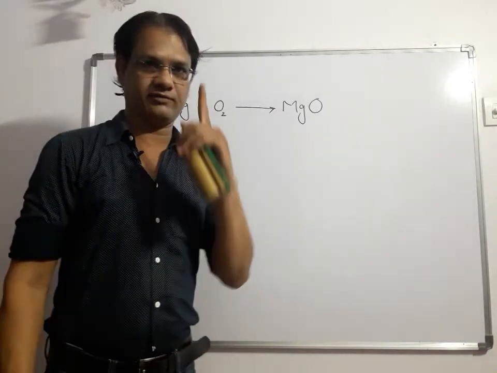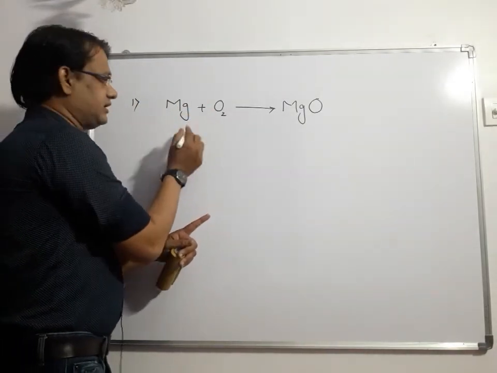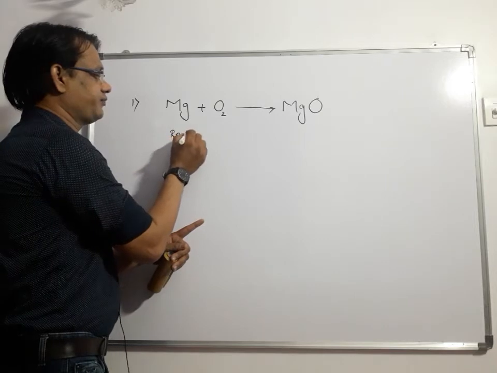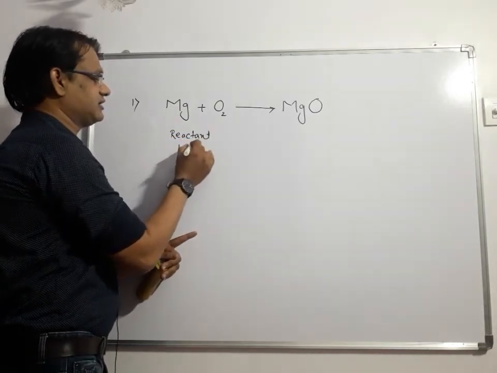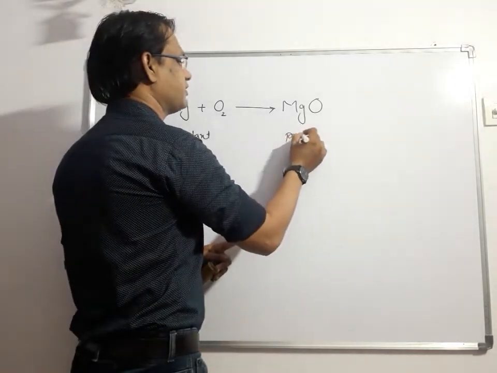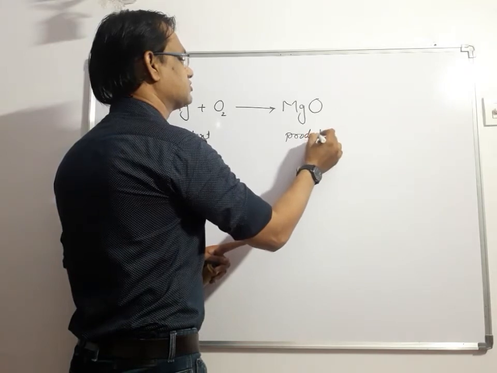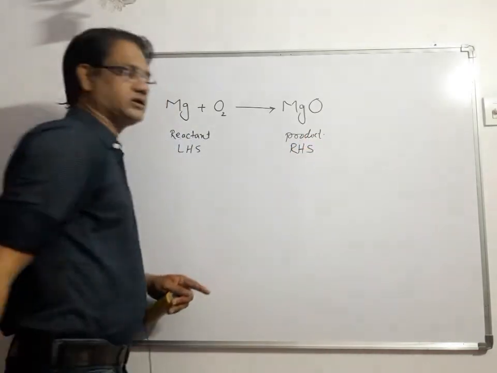Remember, very first point: this side is the reactant side, also called the left hand side of the reaction, and this is the product side, or the right hand side of the reaction.